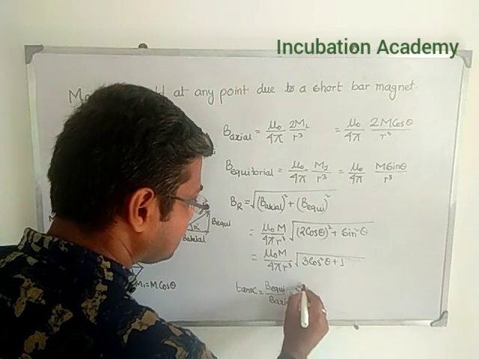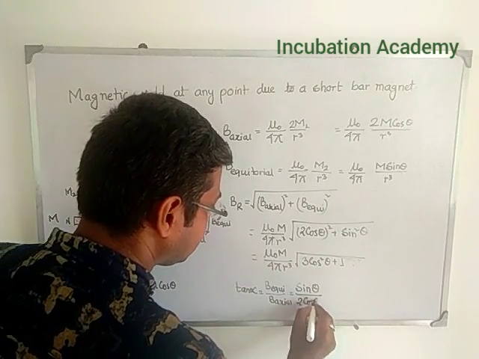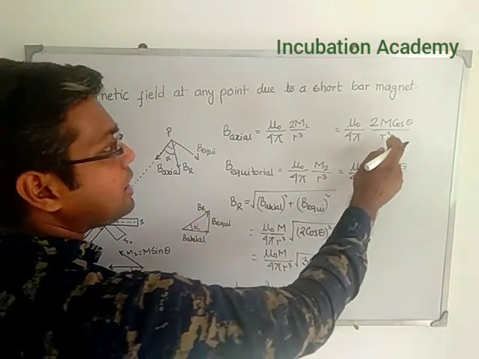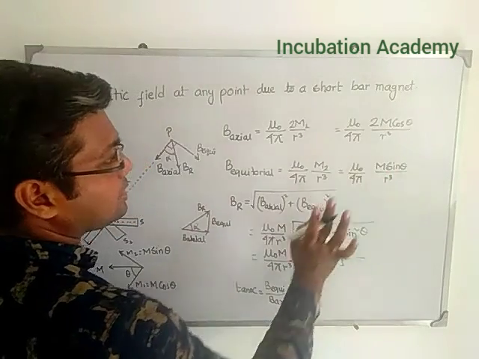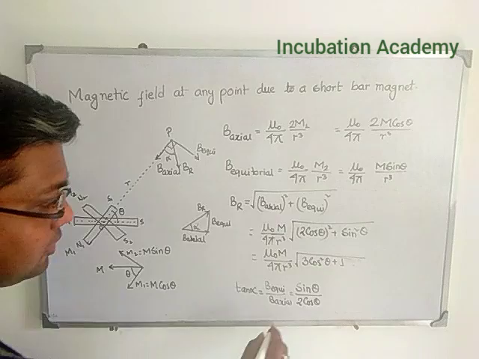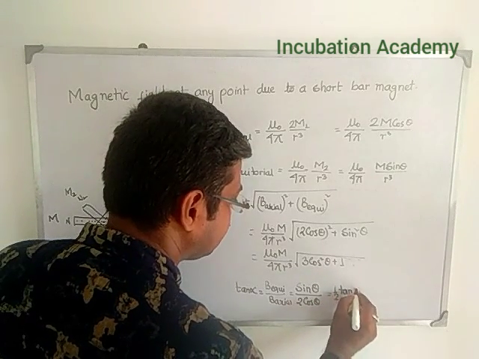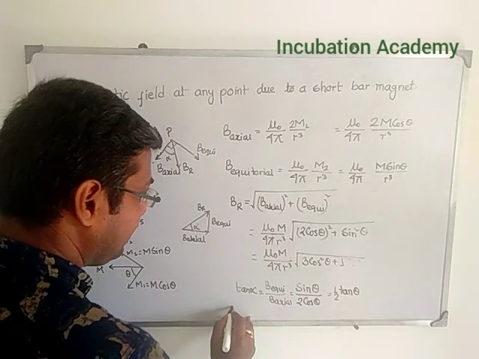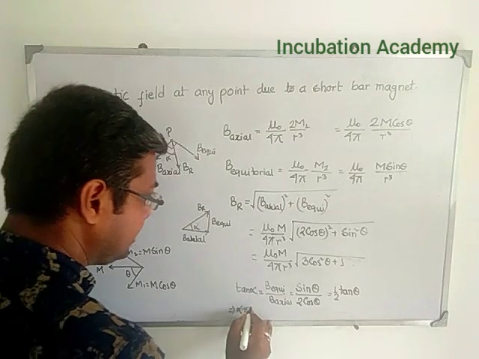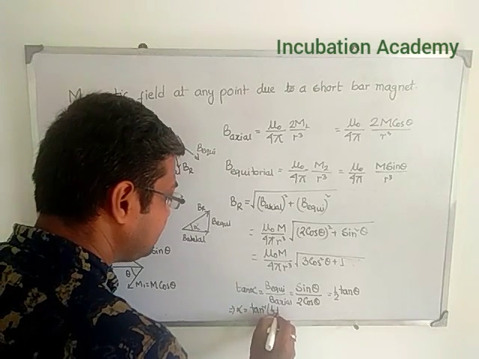So I am simply writing sin theta divided by 2 cos theta, because mu naught by 4 pi cancels out, capital M cancels out, r cube cancels out. So it becomes 1 by 2 into tan theta. This is the direction of the BR vector. So alpha is tan inverse of 1 by 2 into tan theta.